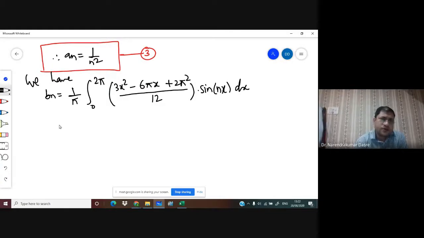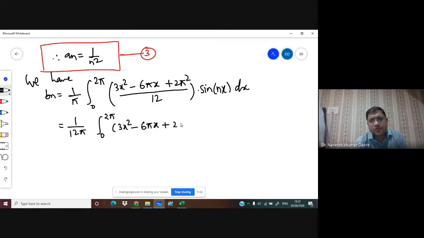Okay, so this is equal to 1 upon 12π. This 12 we can take out, and we'll be having integral 0 to 2π, dx, x square minus 6πx plus 2π square and sine of nx.